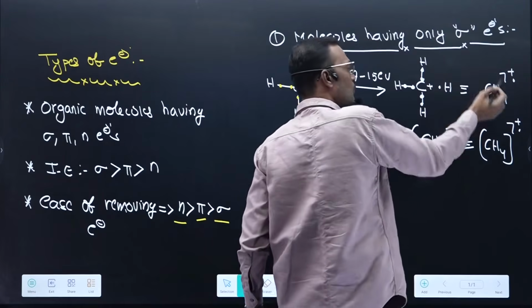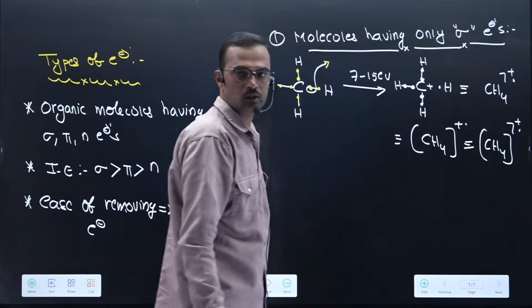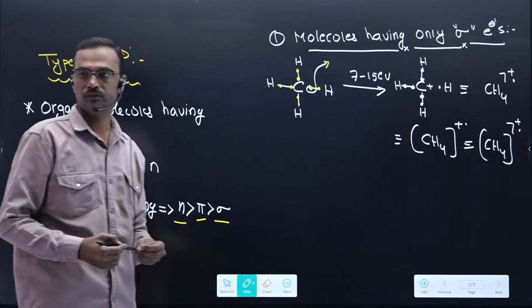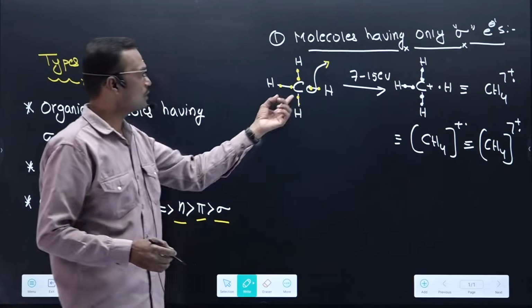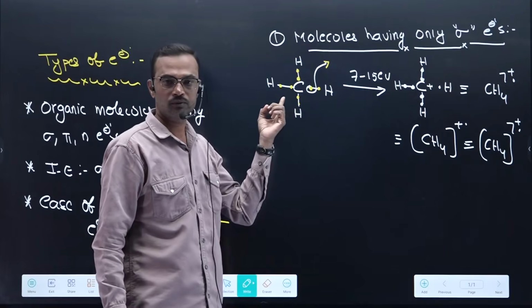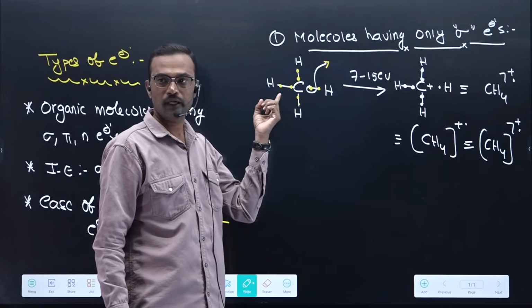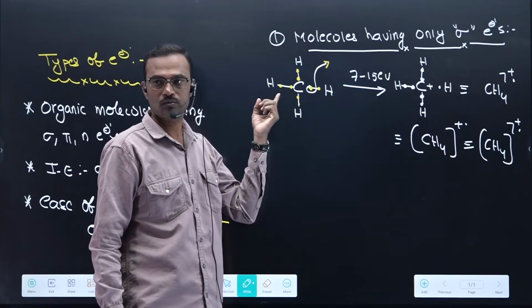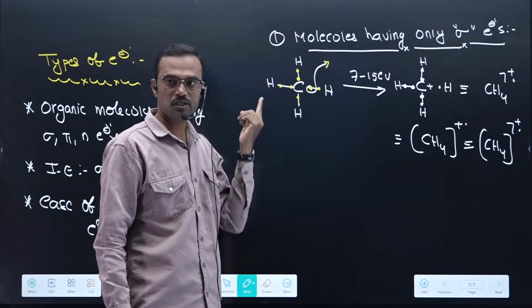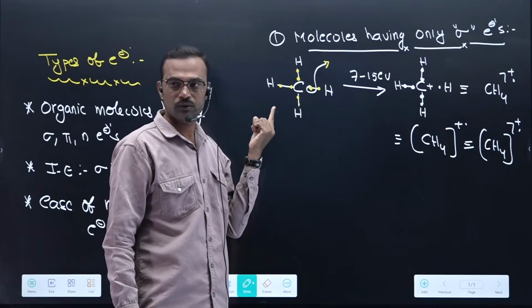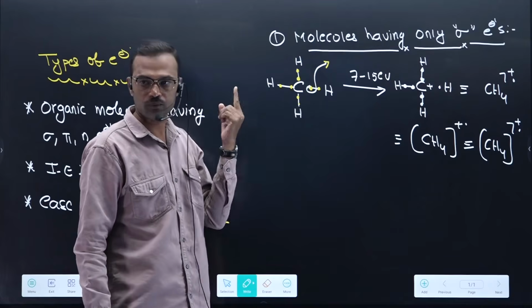In this I have not written a radical cation, right? So in this, how many electrons are present? In CH4, how many electrons are present? 8 or 10? 10 electrons. So 2 electrons are present in 1s2.